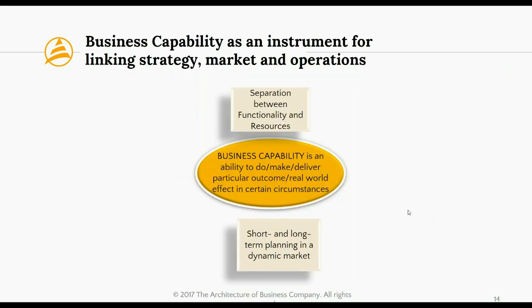The business capability is an instrument for linking strategy, market, and operations. That's why we put some time into talking about it. In order to effectively and efficiently manage the corporate operating model, we have to have a clear understanding of whether we have capabilities for a particular business task or not.